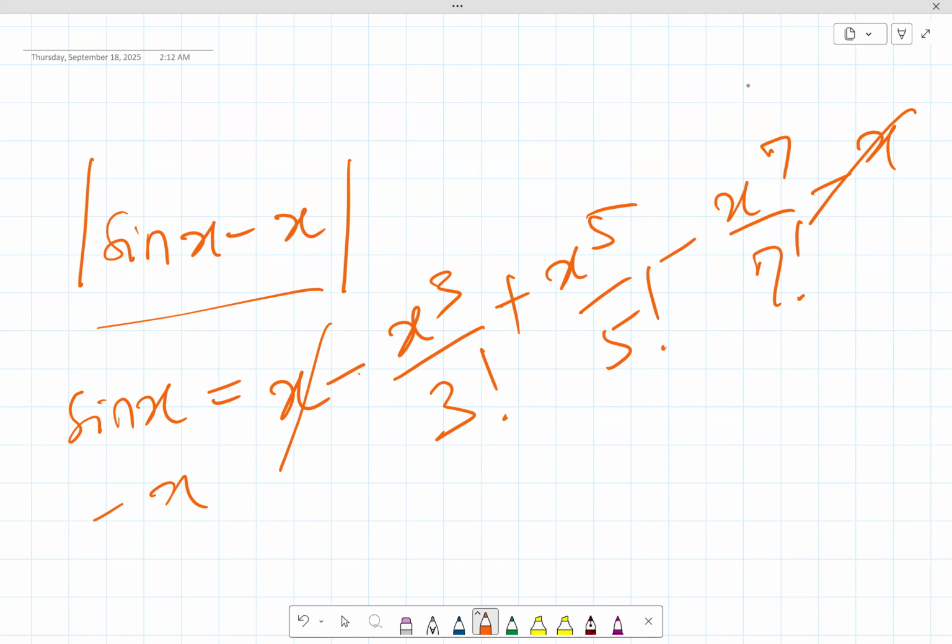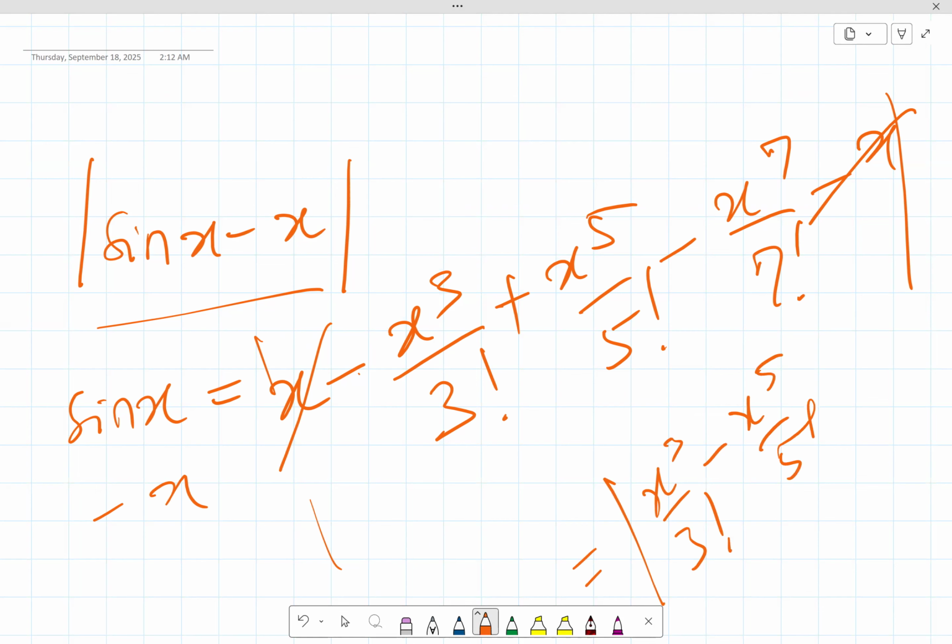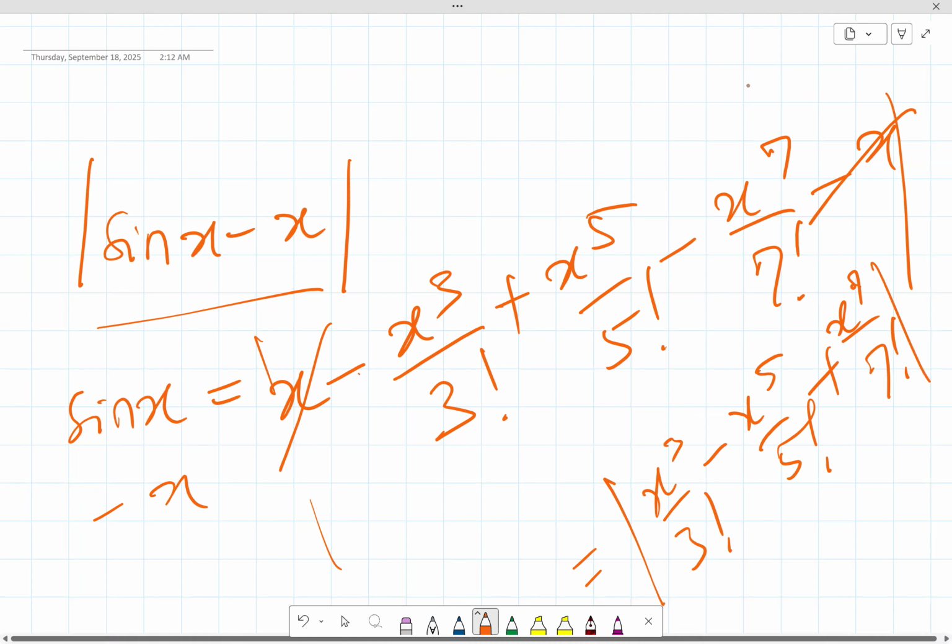Since we are taking absolute value, we can take the minus out, and we have the absolute value of x cubed over 3 factorial minus x raised to power 5 over 5 factorial plus x raised to power 7 over 7 factorial, like that.